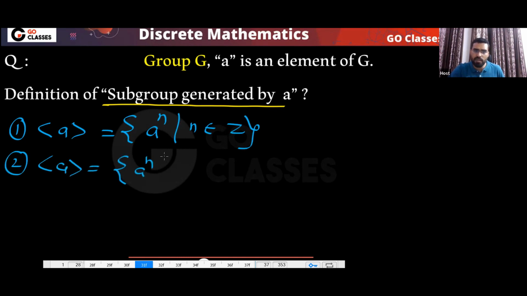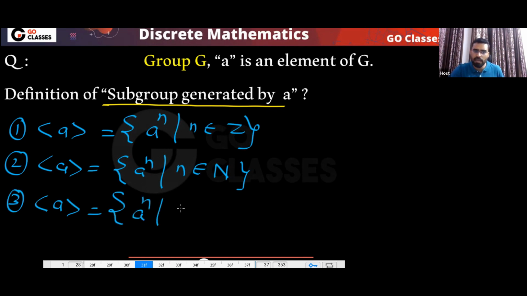Another option: A to the power n, where n is a natural number. Another option: A to the power n, where n is a whole number. Tell me which option is correct.